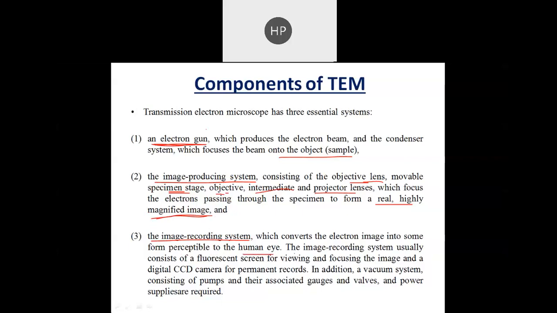The image recording system usually consists of a fluorescent screen for viewing and focusing the image, and a digital CCD camera for permanent record. So there may be two different viewing options: one is a fluorescent screen, and the second is a digital CCD camera.